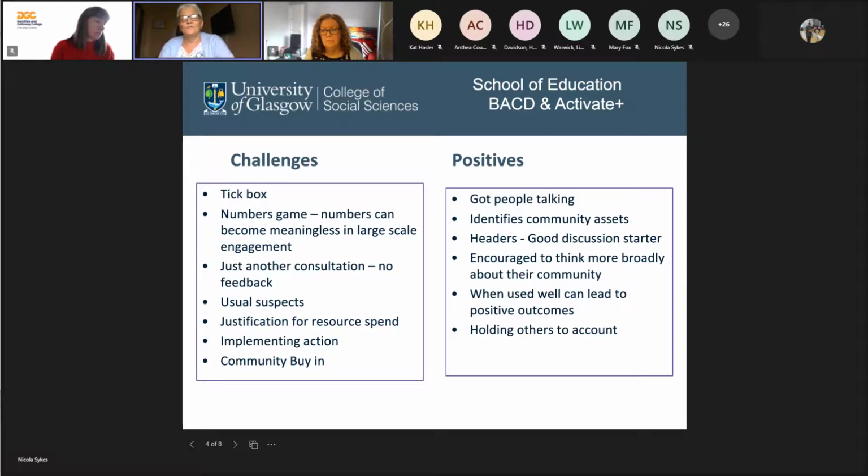And what's really important for us is that it holds others to account. In that analysis, when you see a low score, you ask who the stakeholders and power brokers are that have a responsibility for those particular areas, and it enables communities to ask questions of those people in that position. Next slide, please.